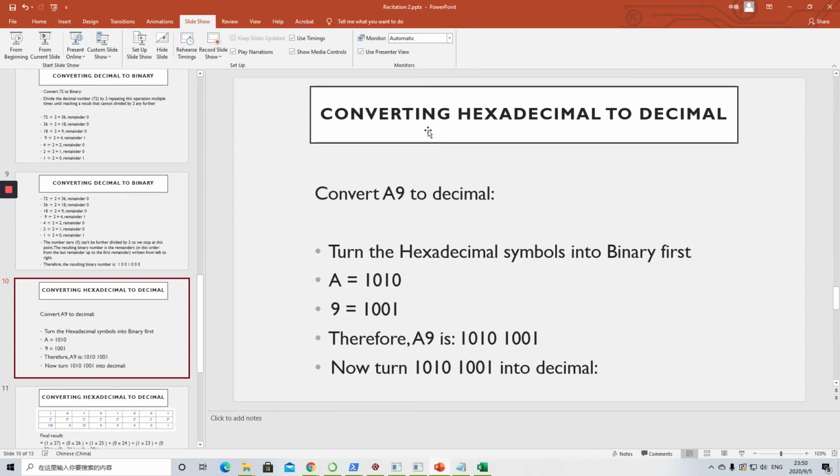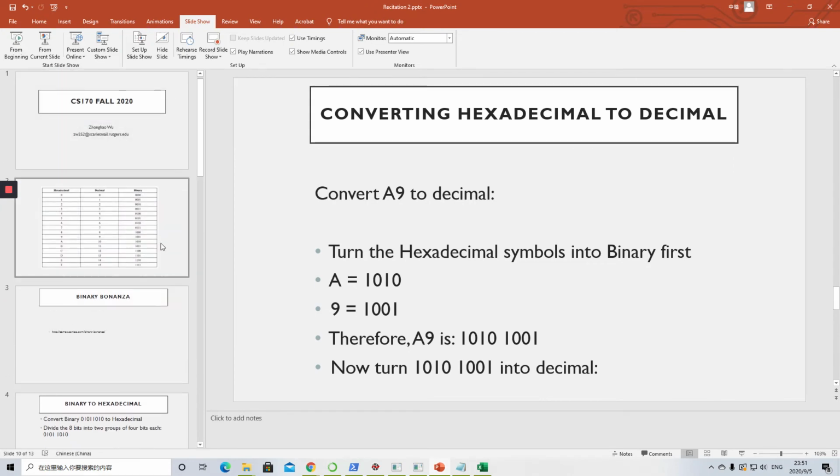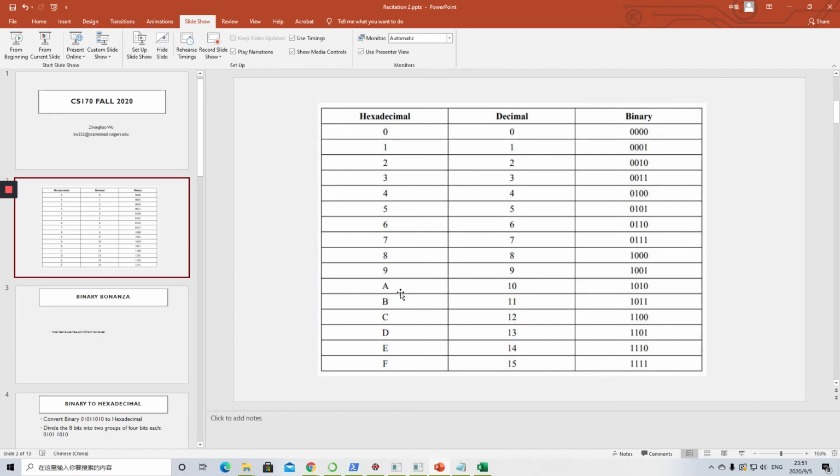For the next one, we need to do conversion between hex and decimal. Here we need to convert hex to decimal: convert A9 to decimal. Maybe we could just refer to the table on the very first slides. A is 1010, 9 is 1001.